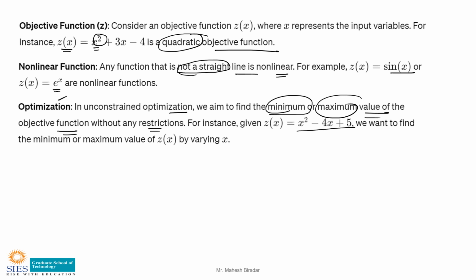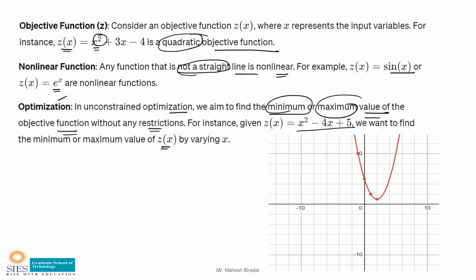We want to find the minimum or maximum value of z of x by varying x. So here the graph of x square minus 4x plus 5 is like this. Here x will vary in this direction and the function is represented by a parabola here.